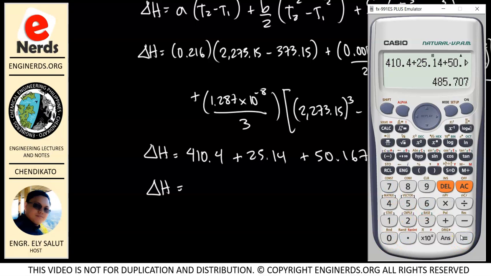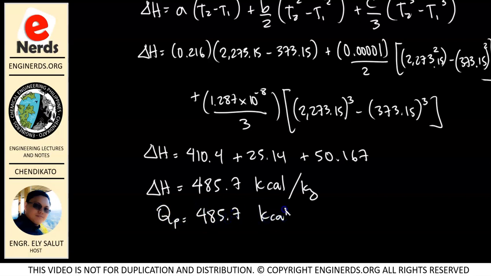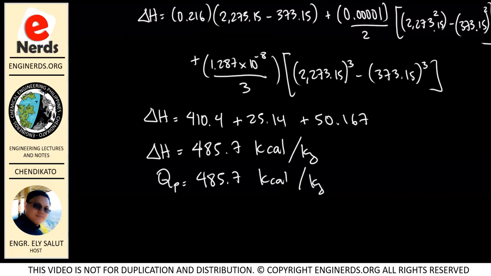So this is equal to 485.7 kilocalories per kilogram. This is also equal to our heat at constant pressure, which is 485.7 kilocalories per kilogram. So this is our final answer to problem number 3.